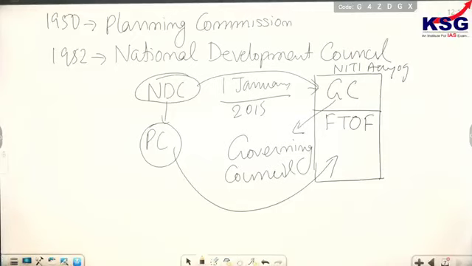The Planning Commission was consulting the central ministries and the state governments while formulating 5-year plans and annual plans, and also supervised their implementation.